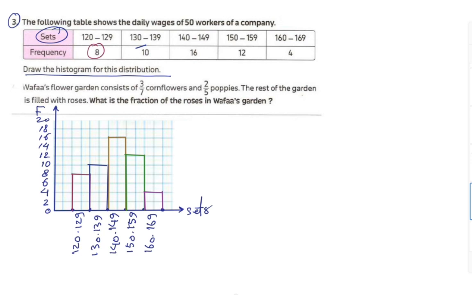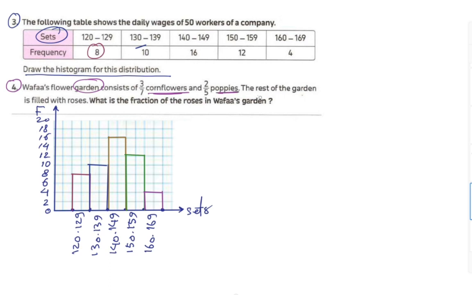This is question number 4. It says, Wafa's flower garden. Wafa has a garden for flowers consisting of 3/7 cornflowers and 2/5 poppies.